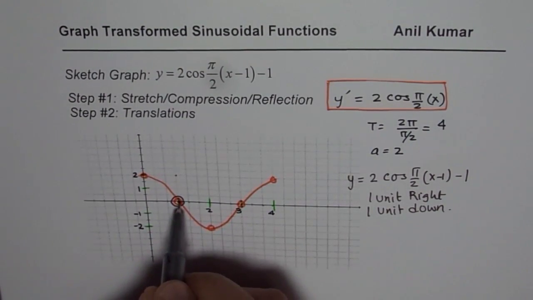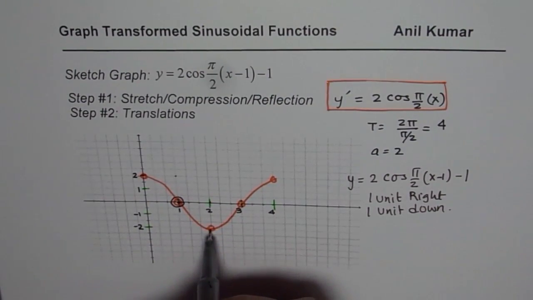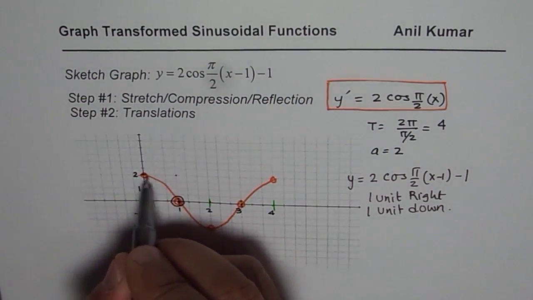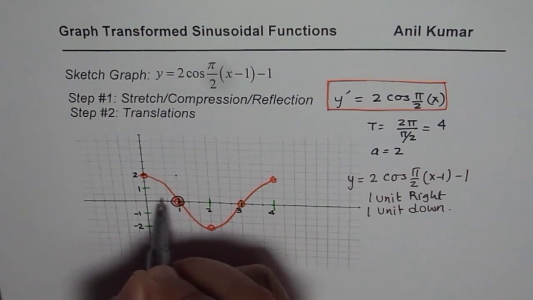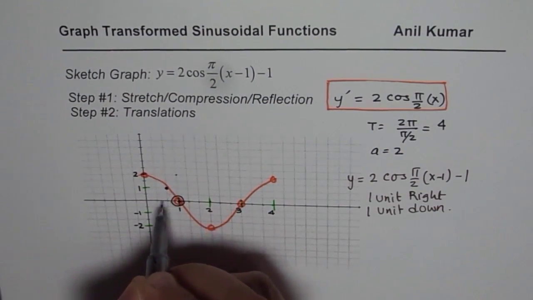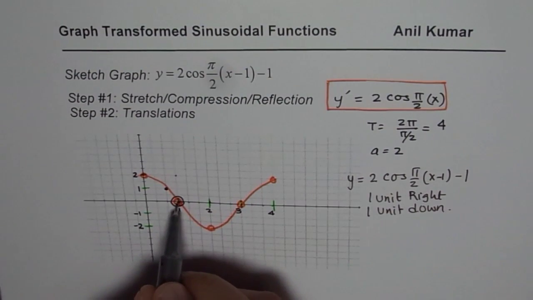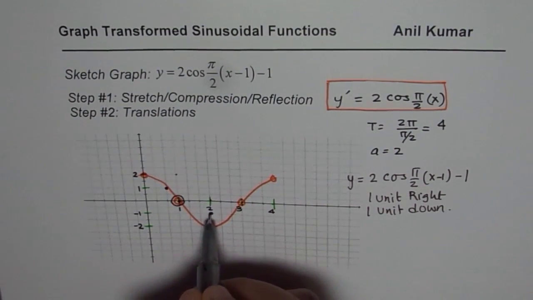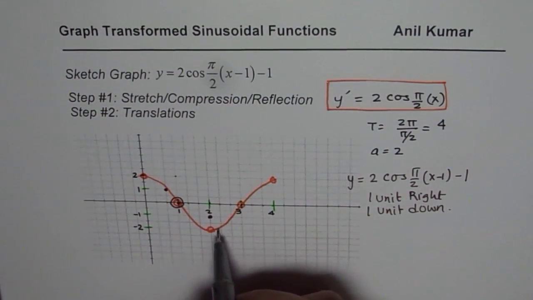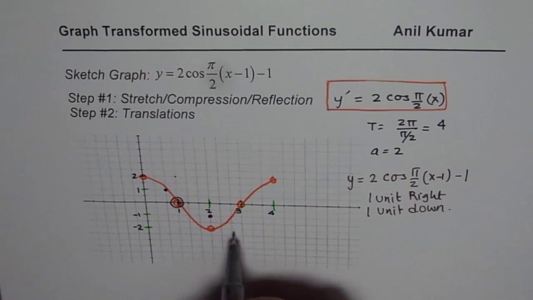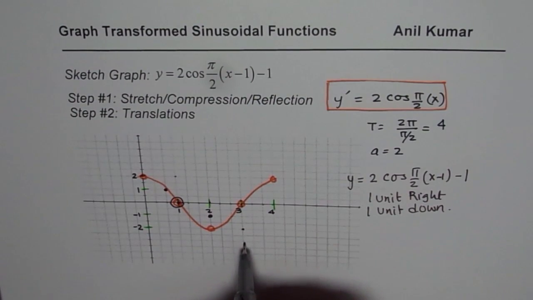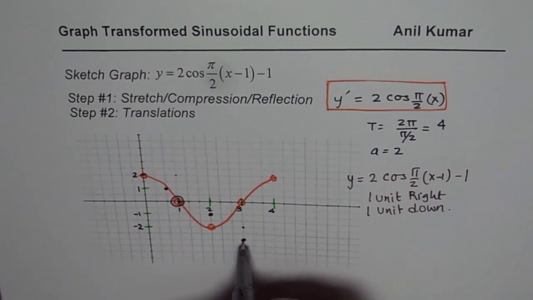From here, 1 unit right, 1 unit down. We went 2 down, so that is the point. From this point, 1 unit right and 1 down. And then from here, 1 unit right and 1 unit down will mean minus 3 for us.